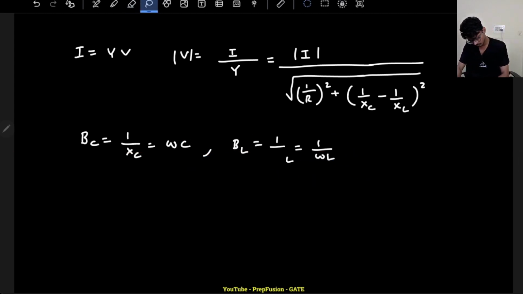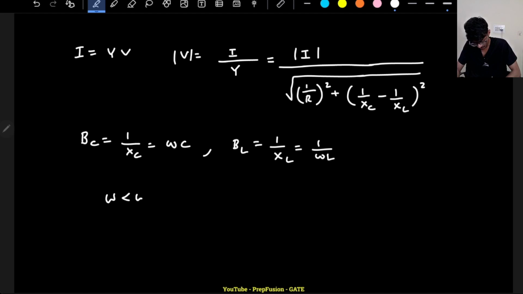Now if I say for low values of omega, for omega less than omega naught, which one will dominate? Let's take a number, omega is 0.1. Let us assume that L is same as C. So BC will be 0.1 C, let's assume C to be 1, and my BL will be 1 by 0.1.